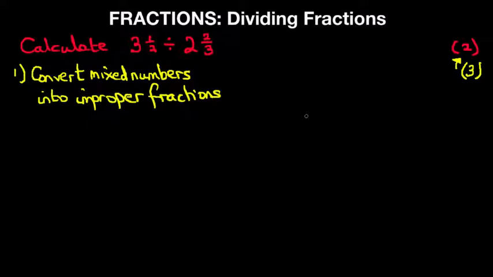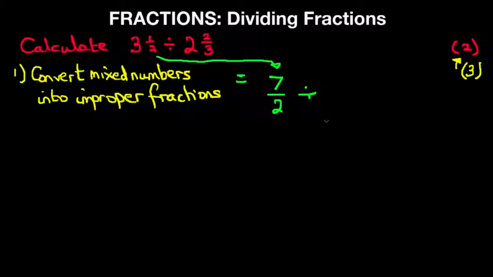Convert the mixed numbers into improper fractions. So how do we do this? Well, the first fraction, 3½ this becomes 3 times 2 is 6, plus 1 is 7 over 2. So we have converted the 3½ into 7 over 2.